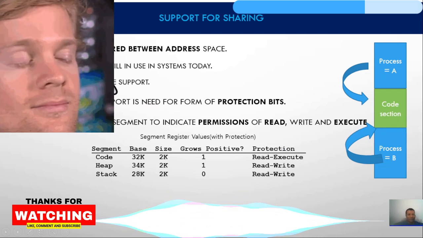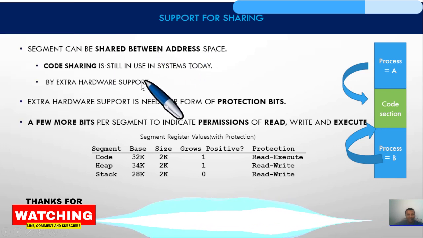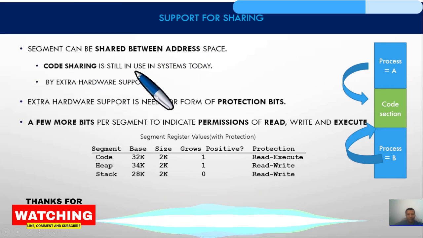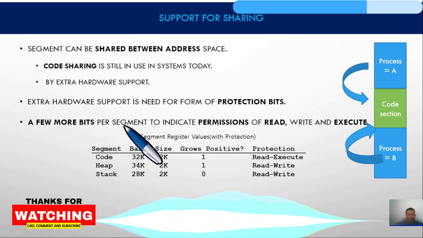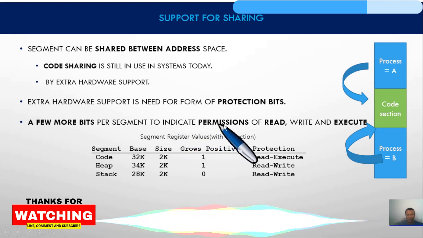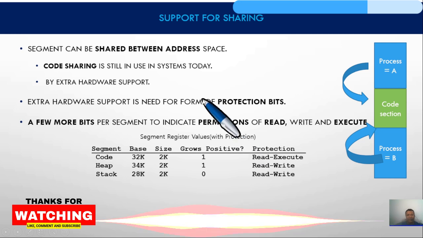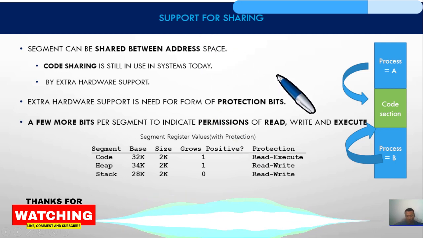So the segment can be shared between address spaces. Code sharing is still in use in systems today, with extra hardware support. Extra hardware support is needed for a form of protection bits, a few more bits per segment to indicate permissions of read, write, and execute. So this is the idea of shared memory.